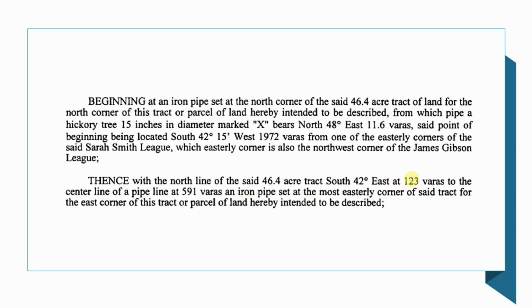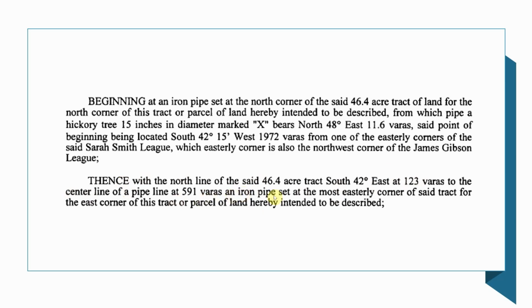This 123 is in the middle. So in reality, you're shooting this line: you go south 42 degrees east, 123 varas to the center of your pipeline, and then you go 468 more varas till you should find your iron pipe. 468, that's your 591 minus 123. So that's all that is. You're just having a point of reference along that total line.